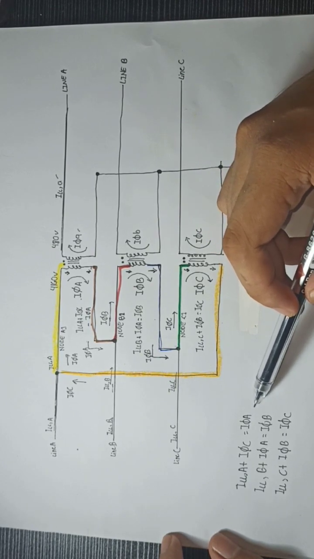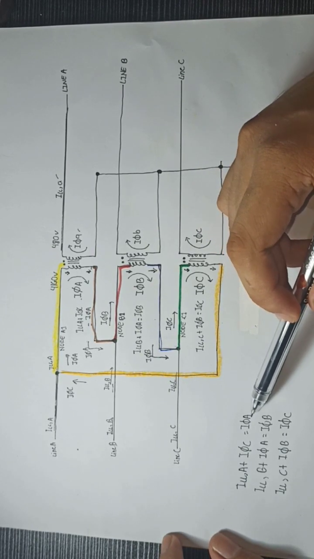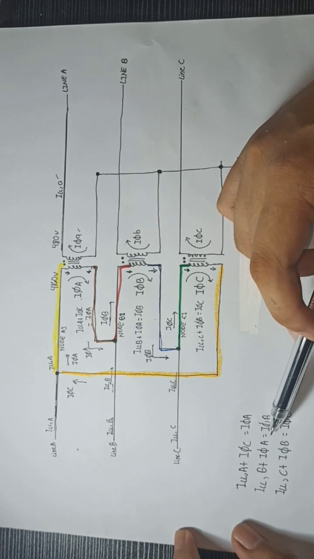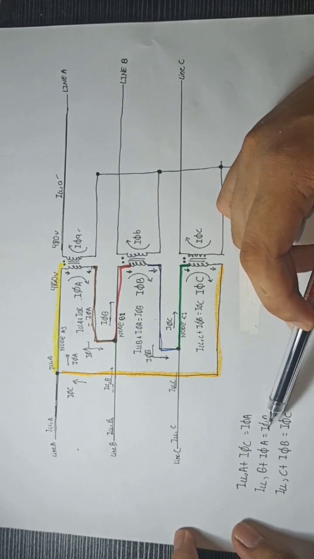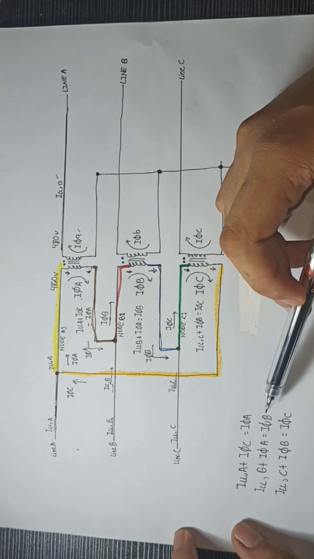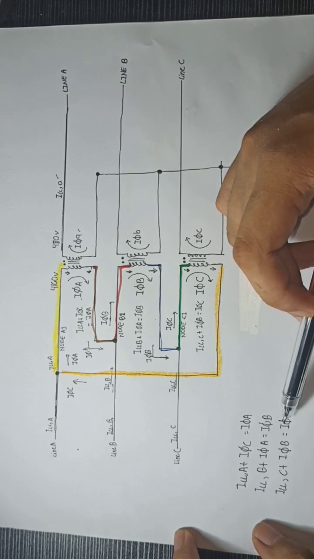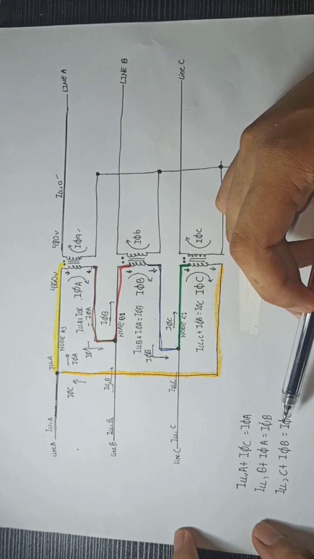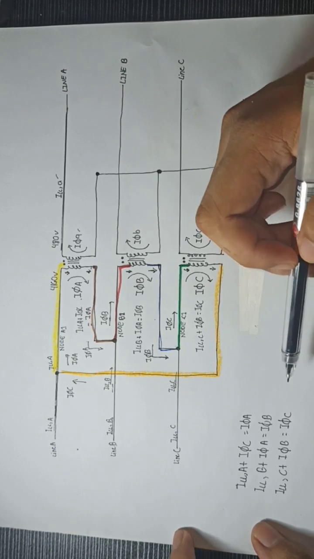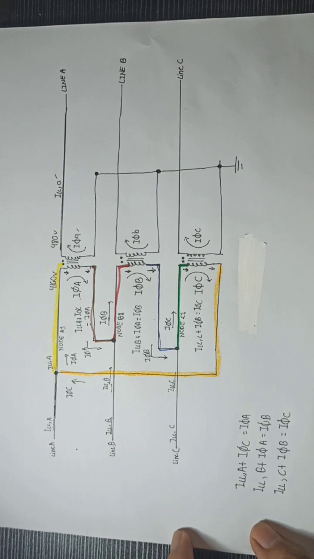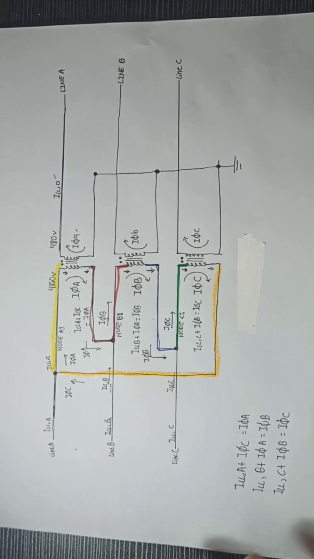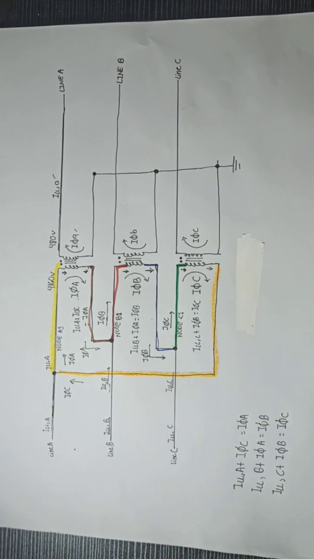Line current A plus phase current C is equal to phase current A, and line current B plus phase current A is equal to phase current B, and line current C plus phase current B is equal to phase current C. So now we're going to evaluate this particular equation from a phasor diagram perspective.